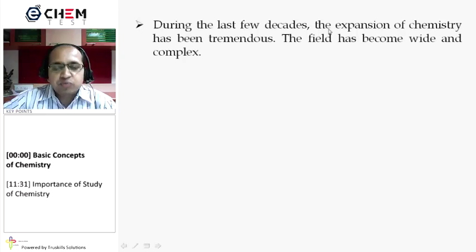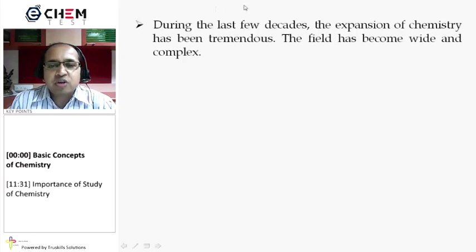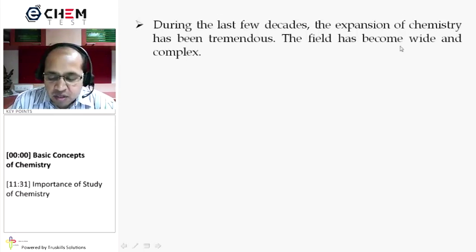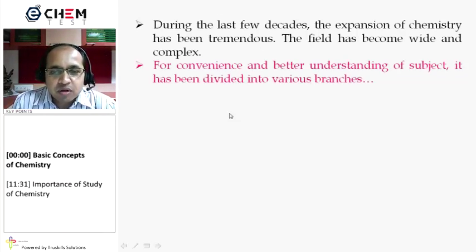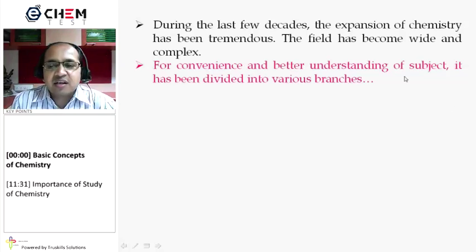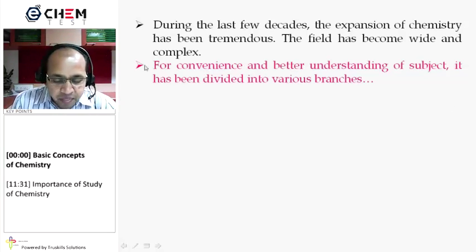During the last few decades, the expansion of chemistry has been tremendous. The field has become wide and complex, and therefore, for convenience and better understanding of the subject, it has been divided into various branches.